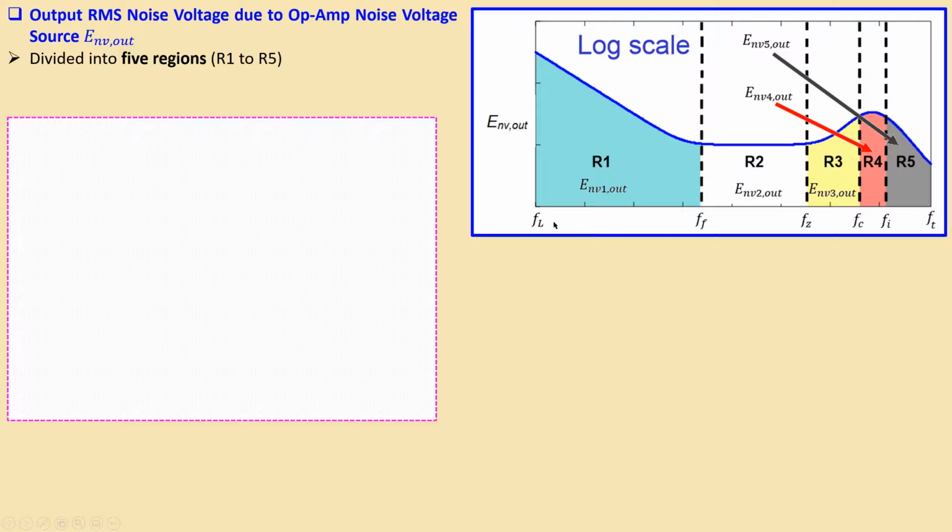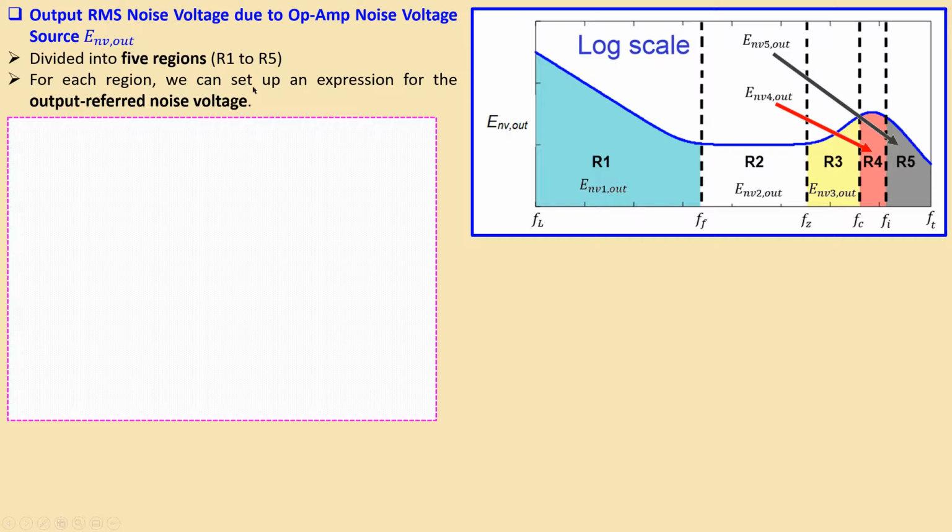We have the FL, which is the lower bound for our 1 over F noise region. This is the intersection between the 1 over F noise and the broadband region. This is the zero frequency, which makes the output noise voltage increase. You have the cutoff frequency, which settles that part down again, and we have the intersection frequency between the open loop gain and the noise gain, and then the unity gain frequency, which is the frequency where the open loop gain is 1 or 0 dB.